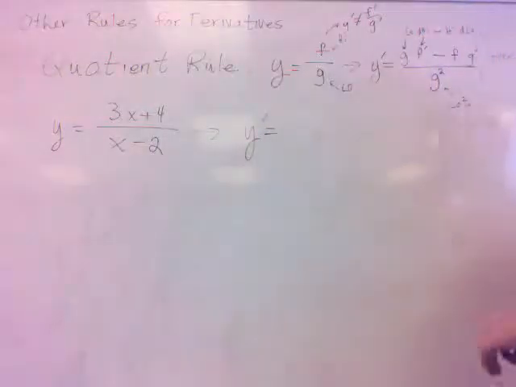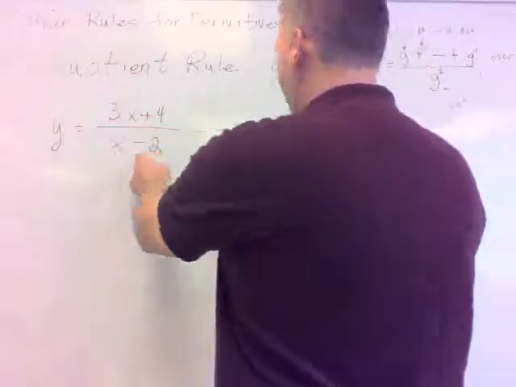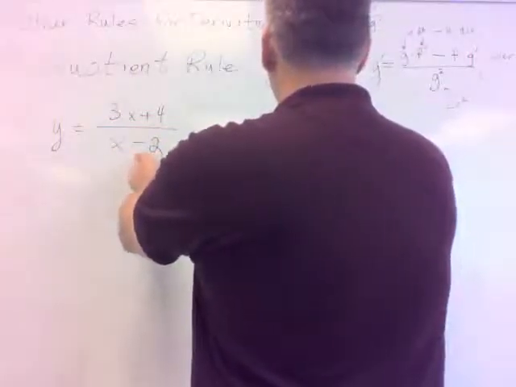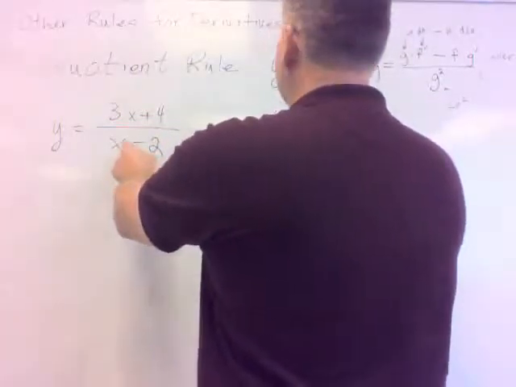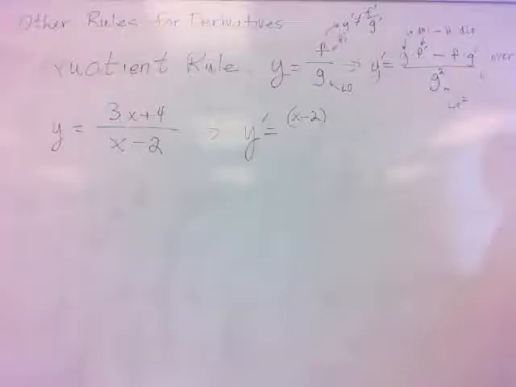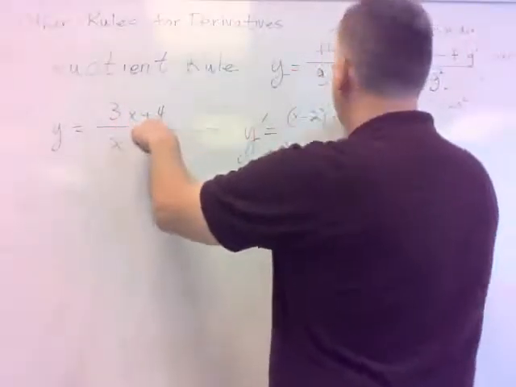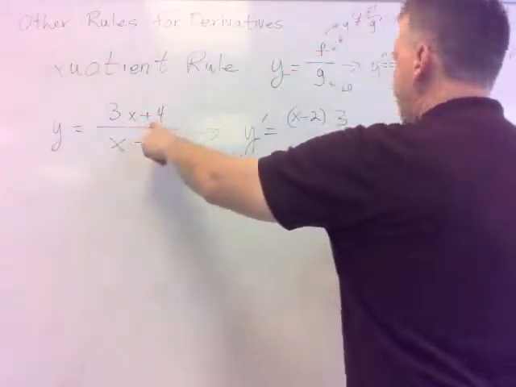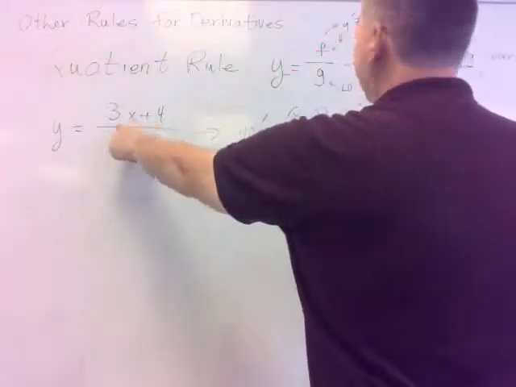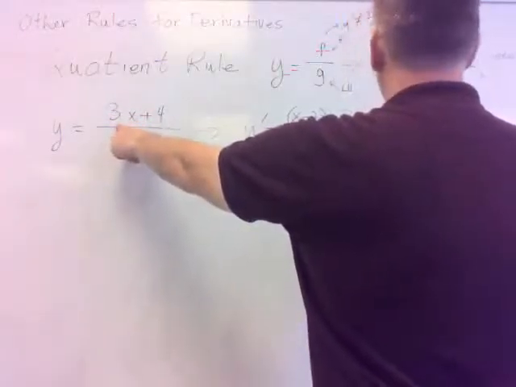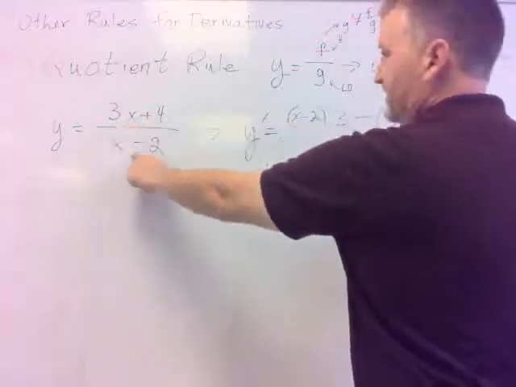How does the quotient rule go? Low d high minus high d low. All right, so I take the low, x minus 2, times d of the high. What's d of the high? 3x plus 4. The derivative of that would be just 3, isn't it? Derivative of that's 3, the derivative of that's 0. So d of the high is just 3. Minus then, take the high times d of the low.